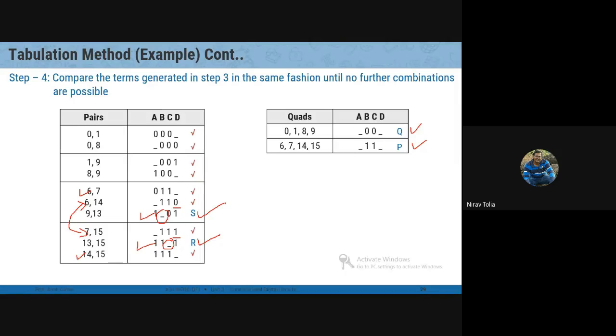So we have to follow the rules and move step by step. Let me tell you, if your exam is in online mode or MCQ mode, the tabulation method will not be asked anyway.